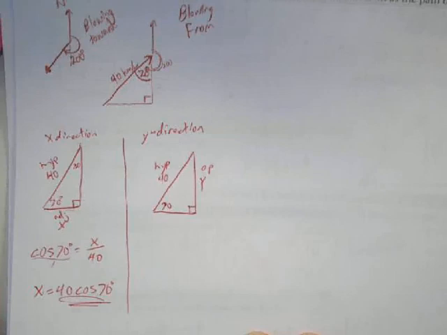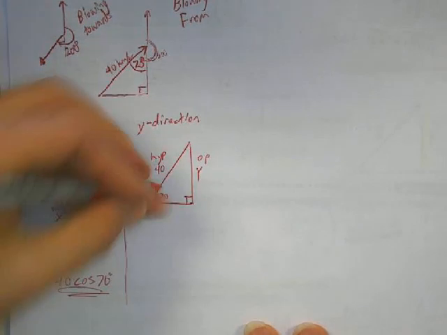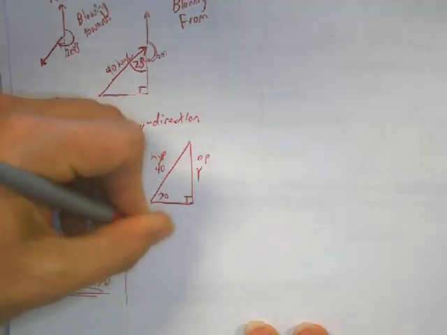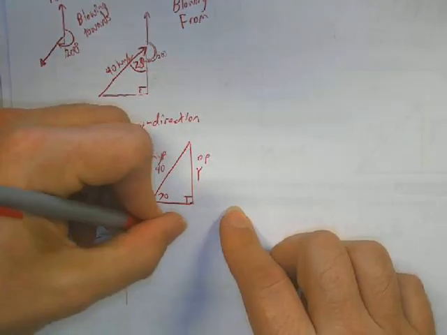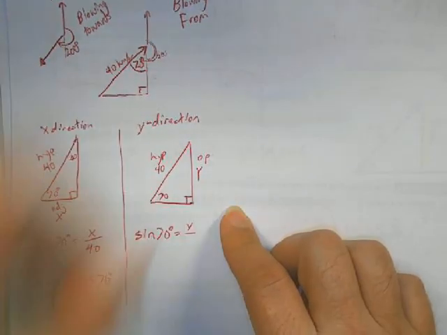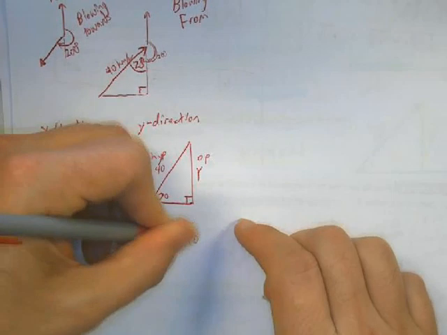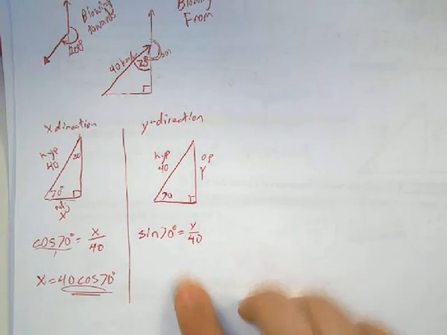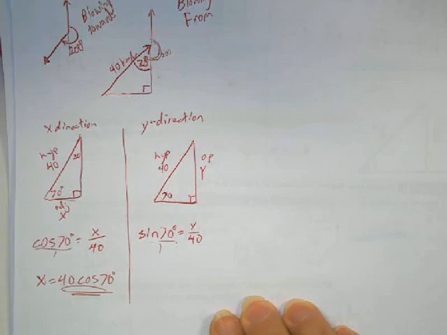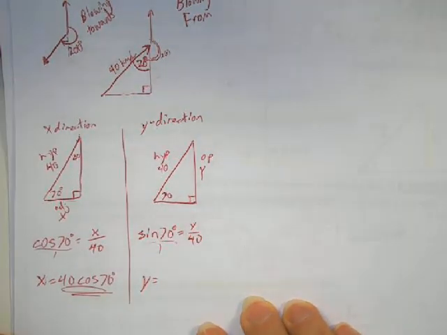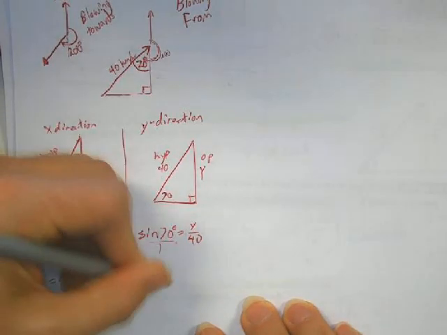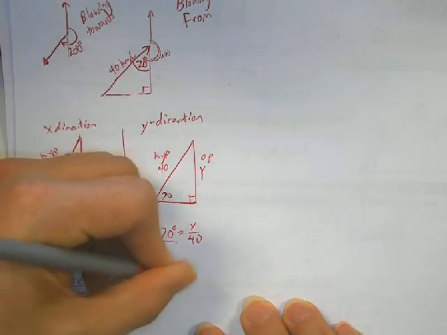So I'm going to write sine 70 degrees equals opposite over hypotenuse equals y over 40. And if I cross multiply, then I can say y equals 40 sine 70.